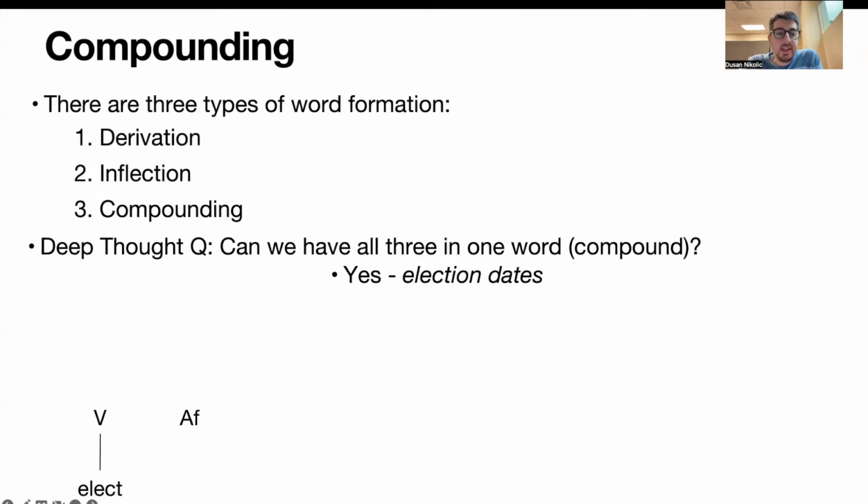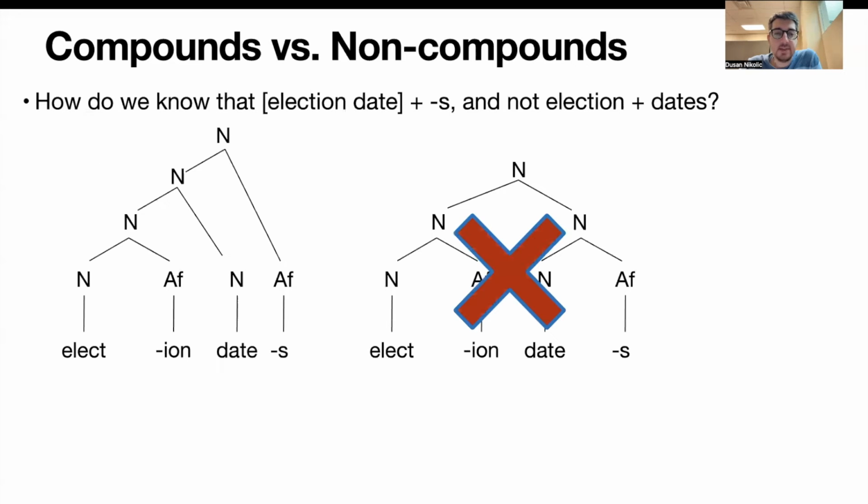Verb, and then we have an affix, ion, election. Then we have a date, right? Election date. It can be one date, right? So election date, and finally we have election dates.